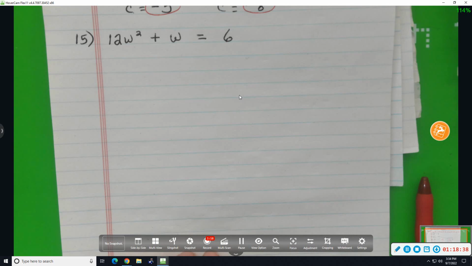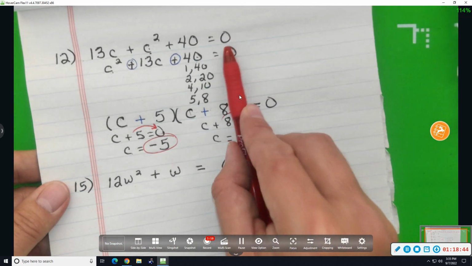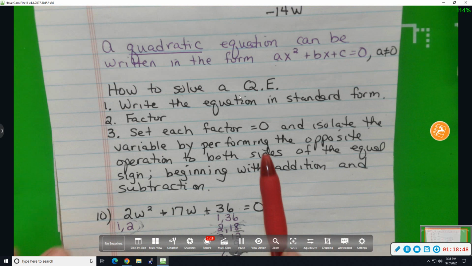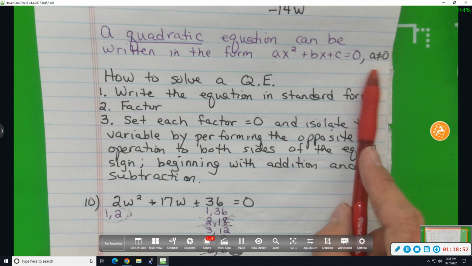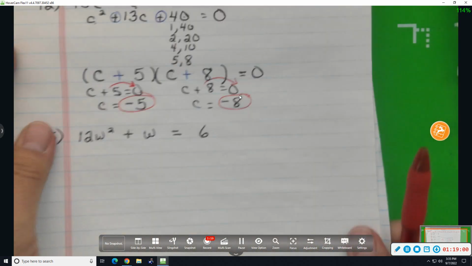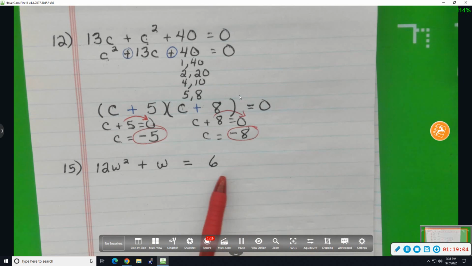I'm just talking, what's different about this problem? It doesn't say equals 0. A quadratic equation has to have that standard form with the 0 on one side. Okay, like number 10, it had equals 0. Number 12. Here, I need a 0 there.